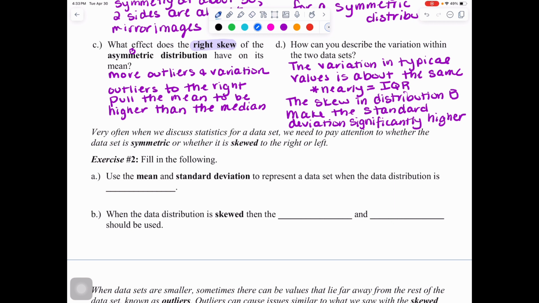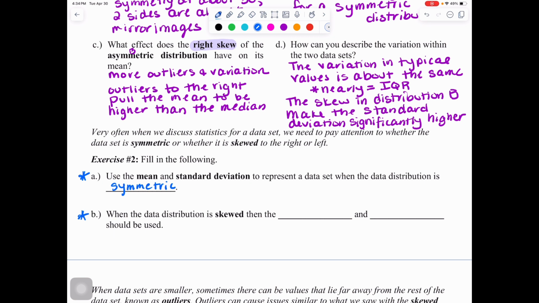You want to make sure, and these are super important, you're going to want to star these, you're going to come back to them quite often when you're trying to decide which information you should use to answer questions. For the first letter A, it says use the mean and standard deviation to represent a data set when the data distribution is symmetric. So mean's going to be the best central tendency value to use, the average, because it's so symmetrically distributed.